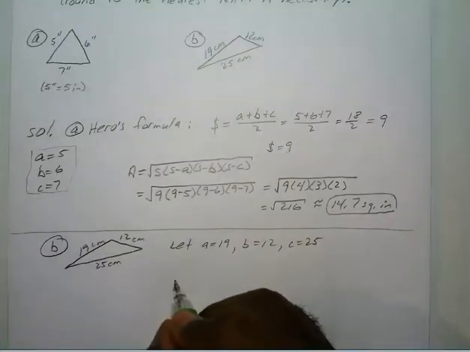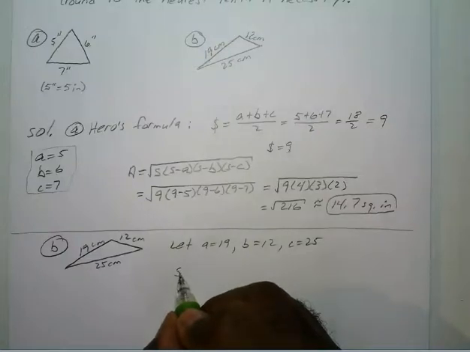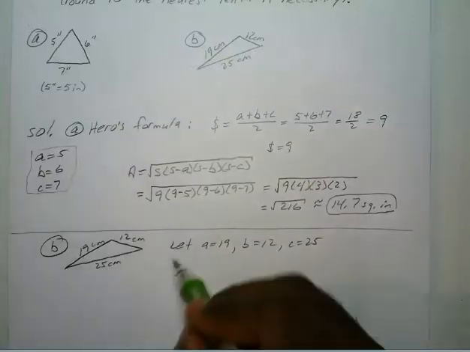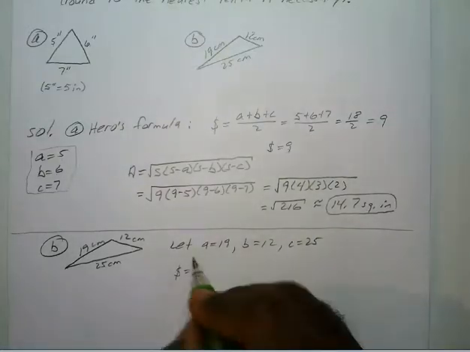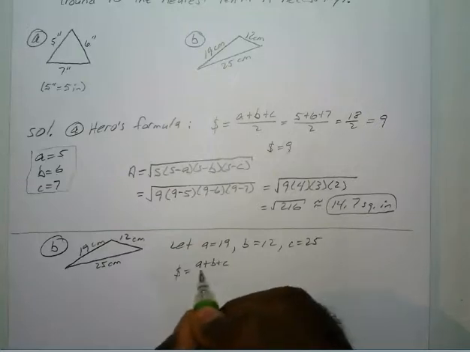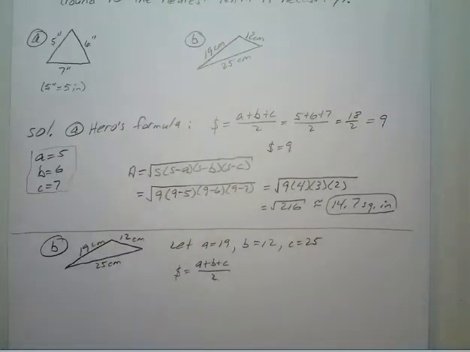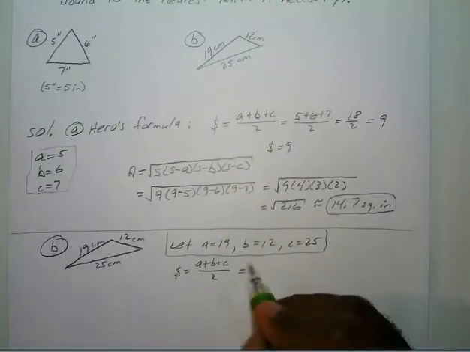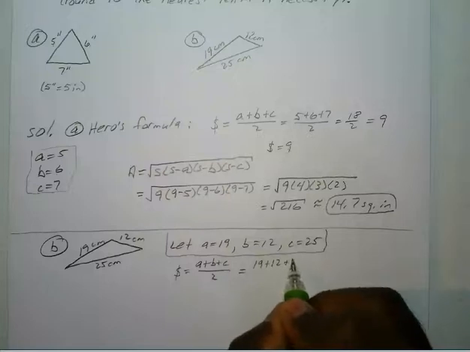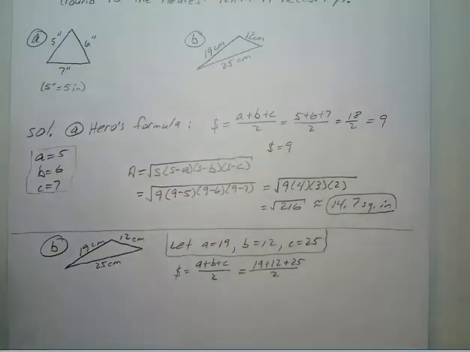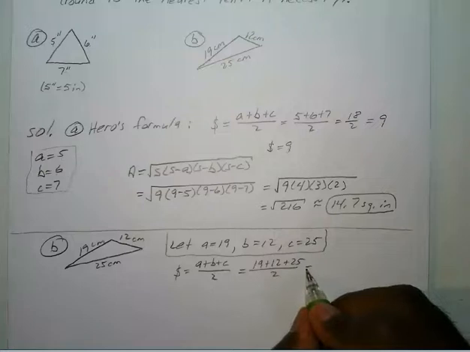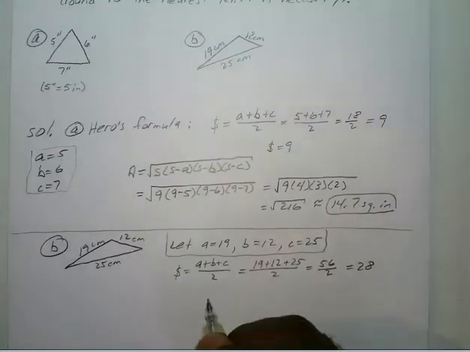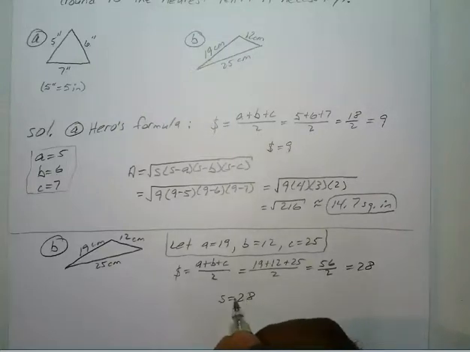Okay, so we know that we always have to solve for our S first because that's kind of the backbone of Hero's formula or Heron's formula. So S is going to equal A plus B plus C divided by 2. Let me kind of separate this a little bit. So that's going to equal 19 plus 12 plus 25 divided by 2. So that's 56 divided by 2, which is 28. Okay, so we know that S is going to equal 28.